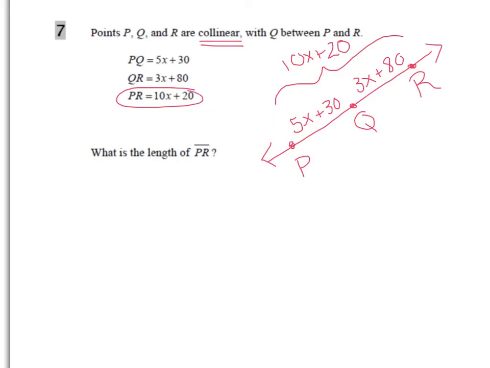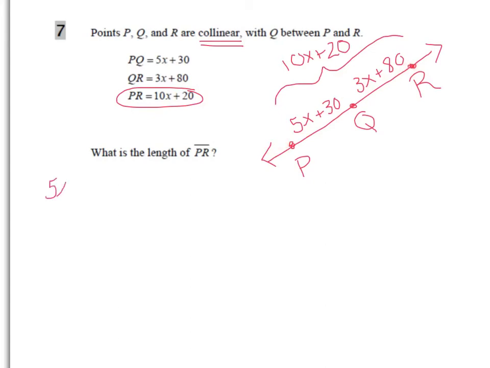Essentially, I want to know what is 10x plus 20, which means I need to know what x is. I don't know if Q bisects P and R. I don't know anything except for the fact that they're on the same line. So what I do know is that this section plus this section will give me this section.